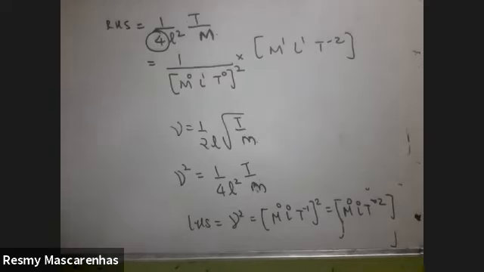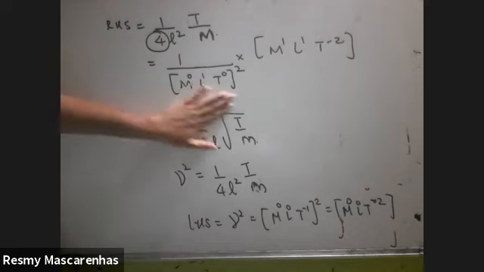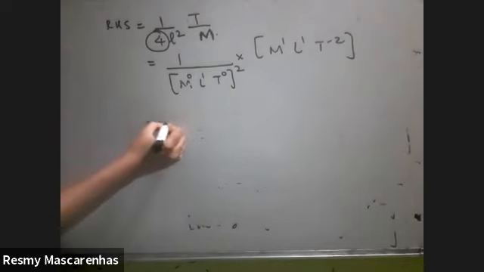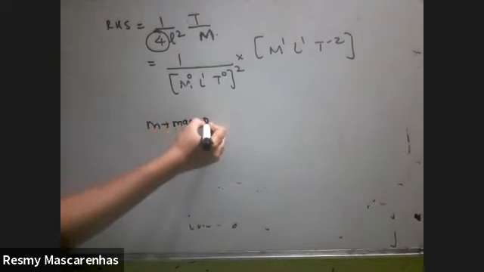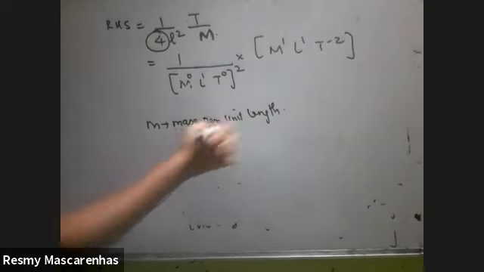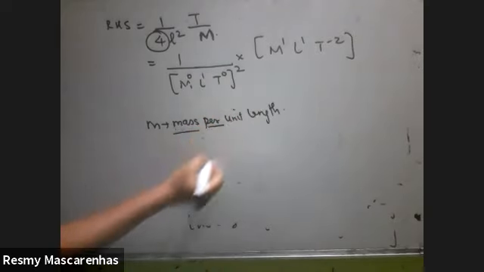And here this is mass per unit length. Read properly, this is not simply mass. Mass per means upon.